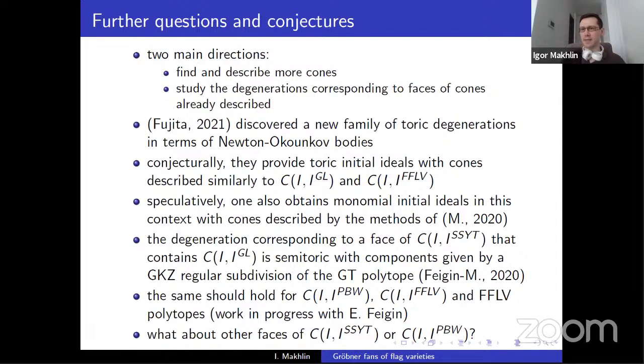Gelfand, Kapranov, and Zelevinsky have this notion of regular subdivisions of polytopes, and it turns out that you can take a certain polyhedral subdivision of the Gelfand-Tsetlin polytope, take the parts of the subdivision, and consider the corresponding toric varieties, and they make up a Gröbner degeneration of the flag variety. So all of these intermediate degenerations are characterized in this fashion.